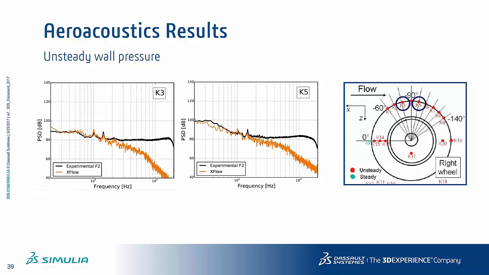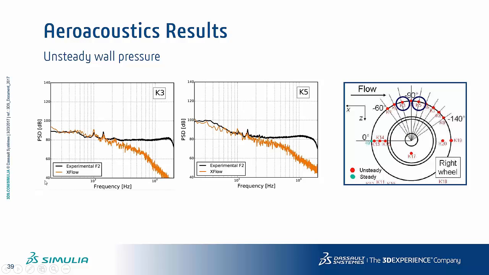To do that, we measure the pressure history as a function of time, and then we process the signal and transform it into frequency space with a Fourier transform. So in this case, we turned our pressure signal into frequency space to get the PSD in decibels, and compare with experimental data.